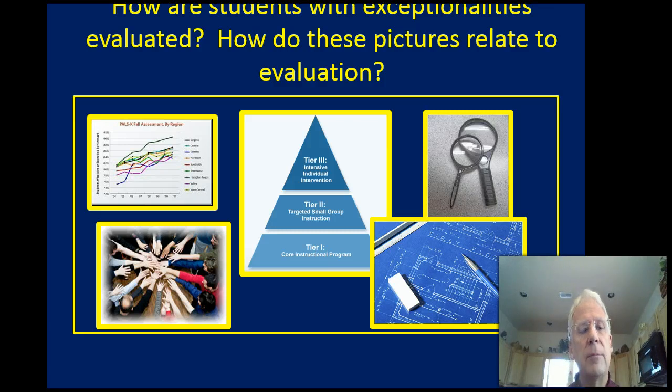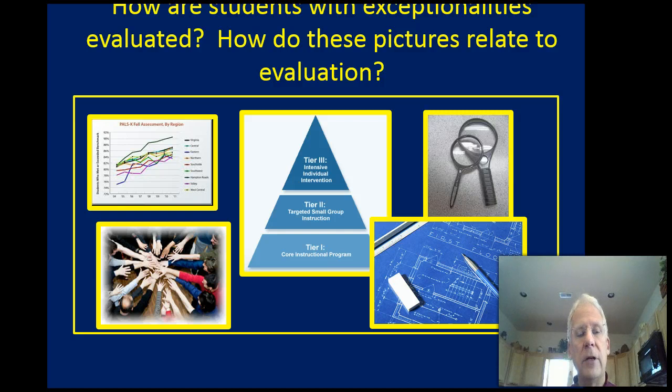If we look at the top left, when we're looking at students with special needs, we're focusing on some very specific skills, such as fluency, that students might need to have to be successful. On the top left-hand side, I see bar graphs or charts, line graphs, with different colors.